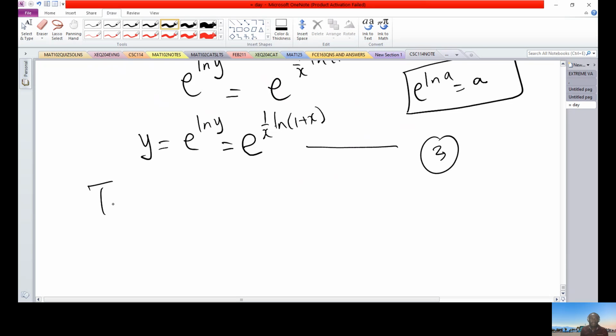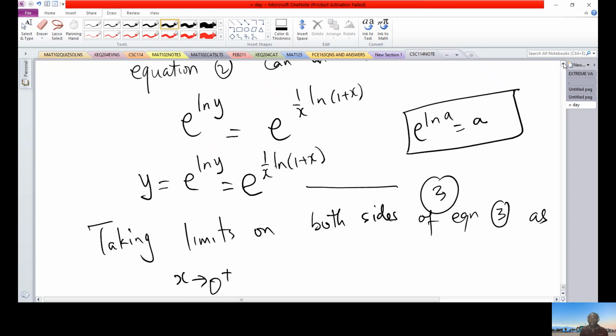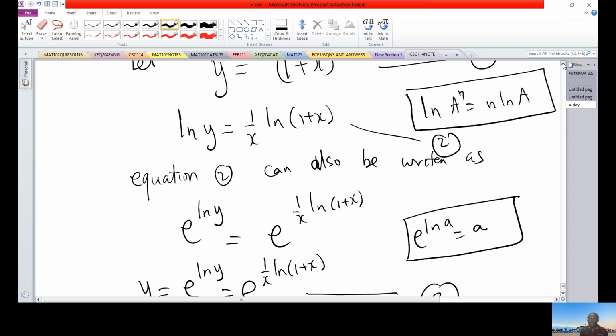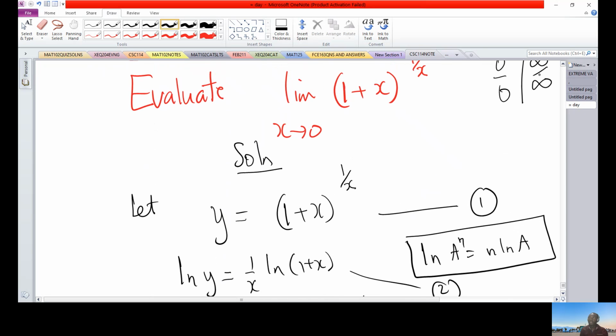Then taking limits on both sides of equation 3 as x approaches 0, in fact 0 from the right. The approach should be 0 from the right.